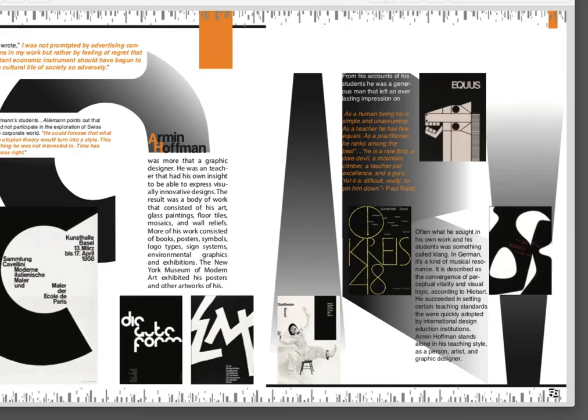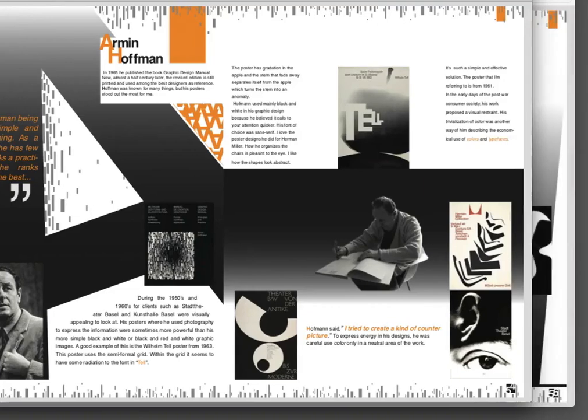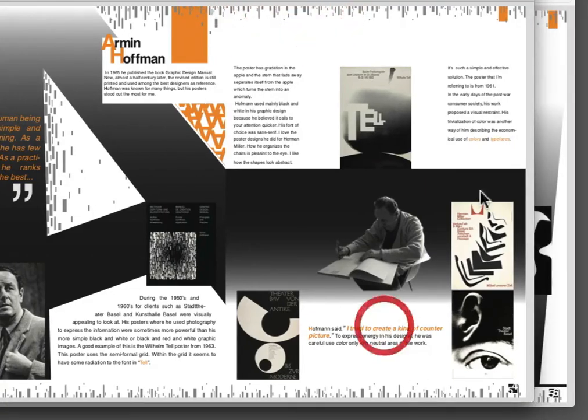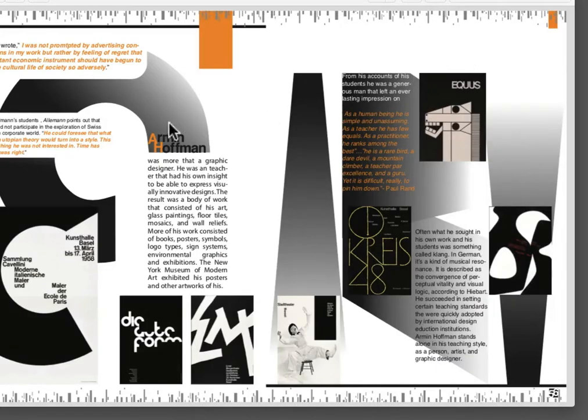Introducing this two-color text, we see a little teeny bit of that in this page here and here, but it's just barely there. So it would have been better to pick that up more strongly in that previous spread. Orange on gray, great combination, but not so much with text and graphic. Okay, so we got some issues there.